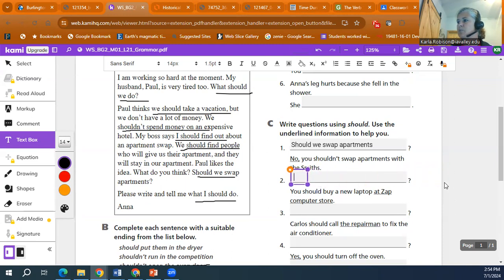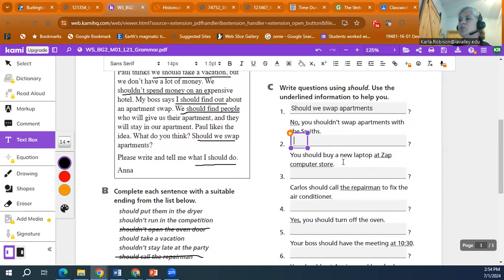let's go to number 2. The answer is you should buy a laptop at Zap Computer Store. Now, the key word, since the Zap Computer Store is a place, okay? So they're wanting, it's not a yes or no question, so I shouldn't start my question with should. I'm going to start it with a WH question.